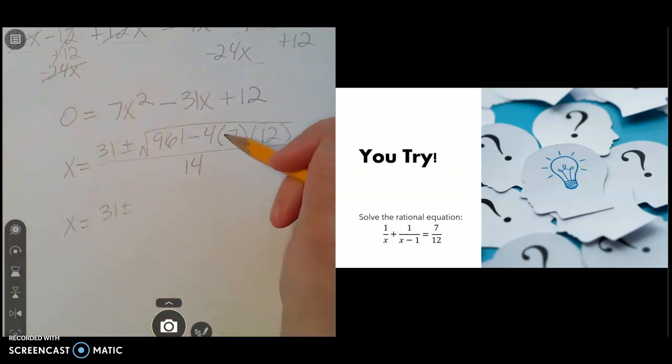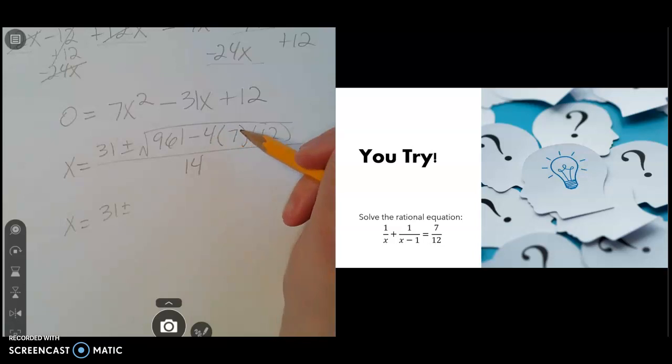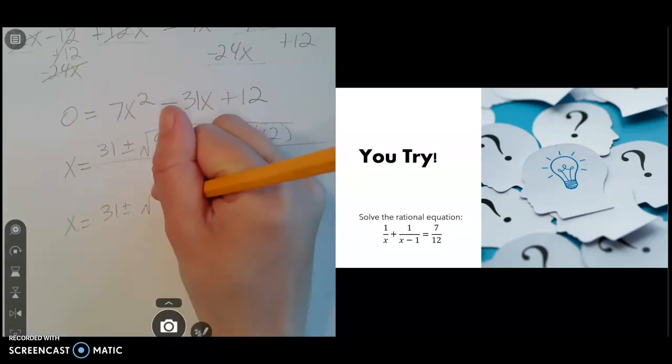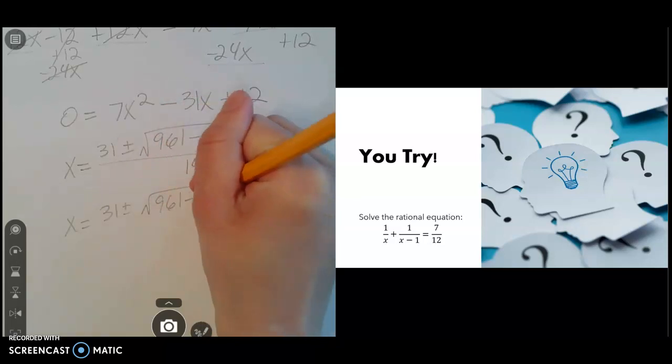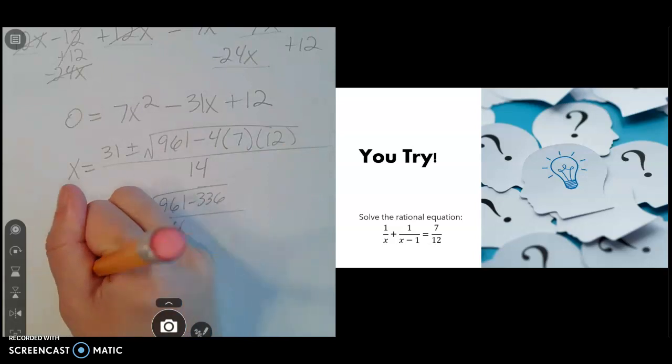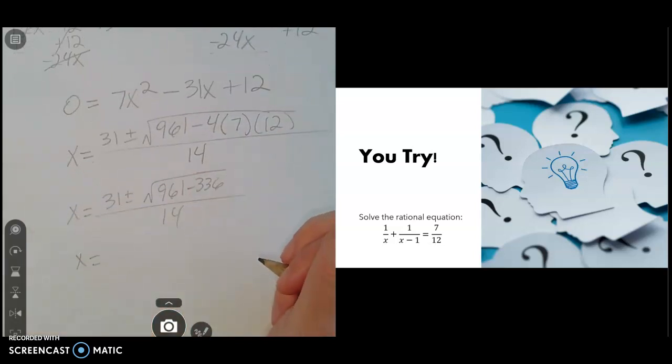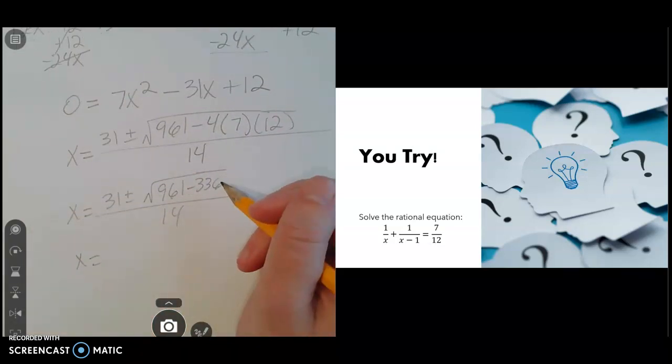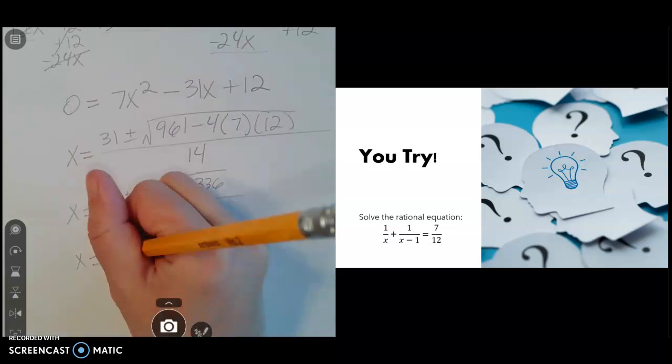If I do 4 times 7 times 12, I'll get 336. So I'll get 961 minus 336, still over 14. And if you do that subtraction, 961 minus 336, you'll get 625.